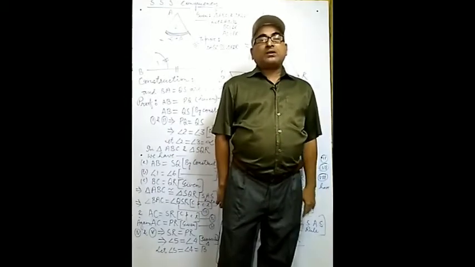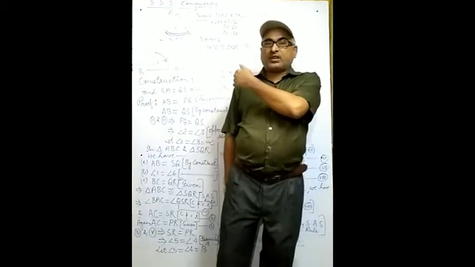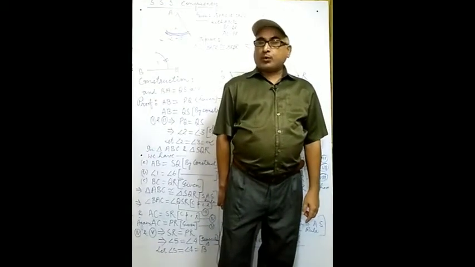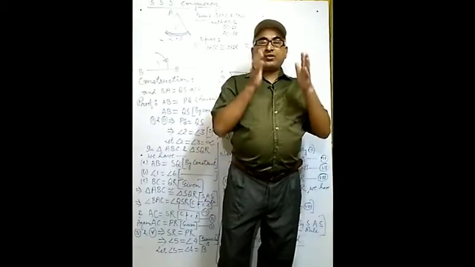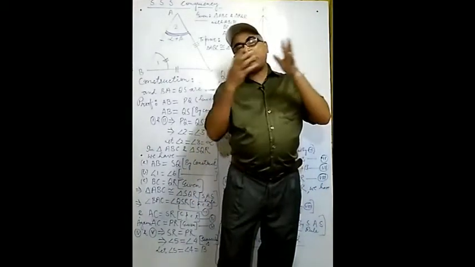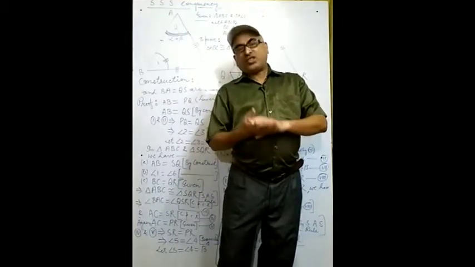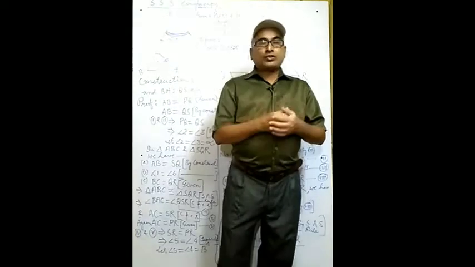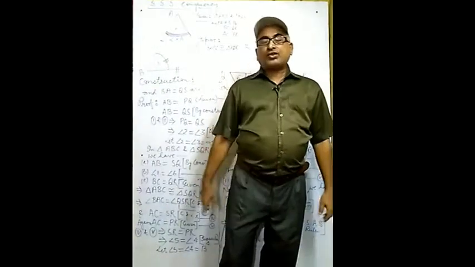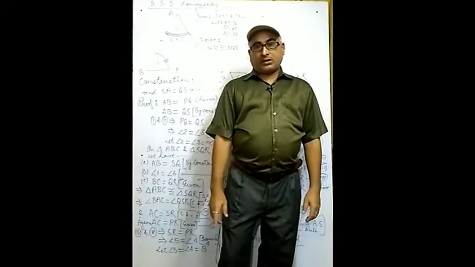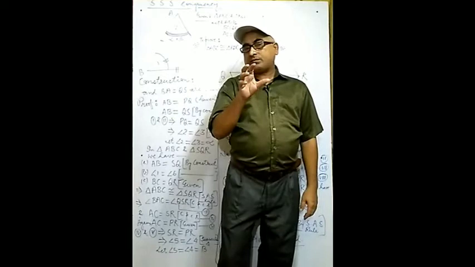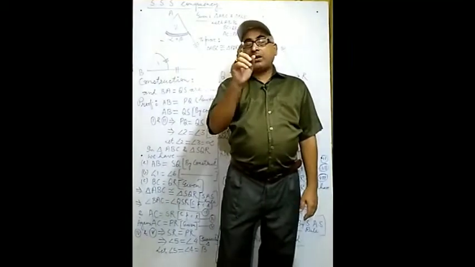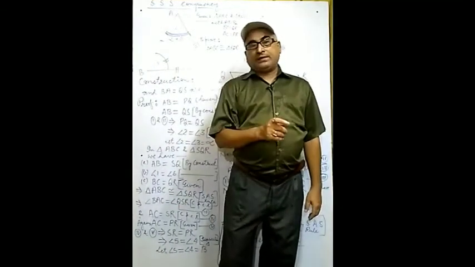The first one, which is going to be attempted here, is side-side-side congruency. How can we prove it? If three sides of the first triangle are respectively equal to three sides of the second triangle, how can we prove congruency of both triangles? This is the topic we will discuss here. This process is lengthy, but if you concentrate on the explanation, it will be easier to understand.